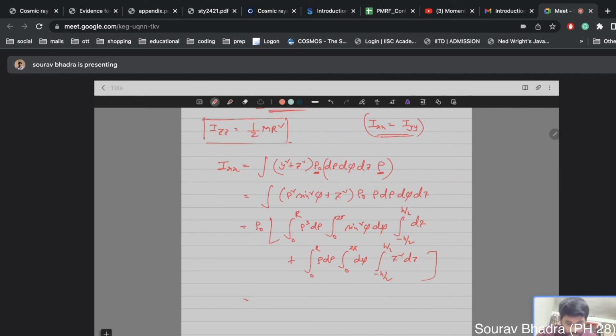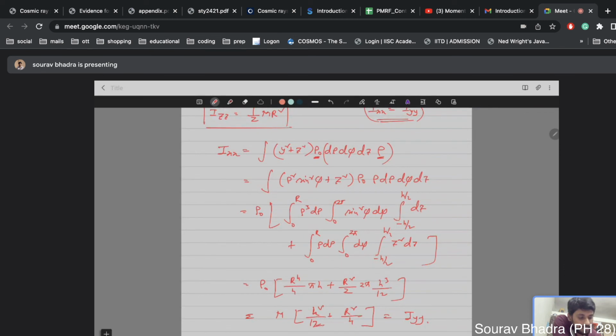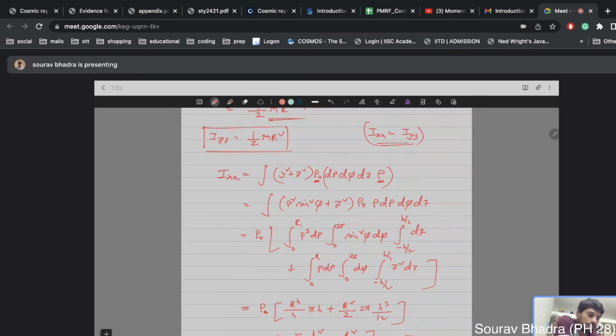If you calculate properly, you will get this result: h squared by 12 plus r squared by 4. So this is also the same as Iyy. You can see that your Ixx is much more complex than the Izz for this particular cylindrical system. It is very easy to do, but always remember, here you cannot apply the perpendicular axis theorem, as it is not a laminar body.